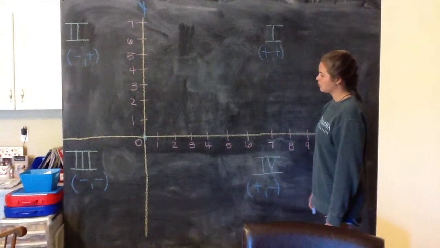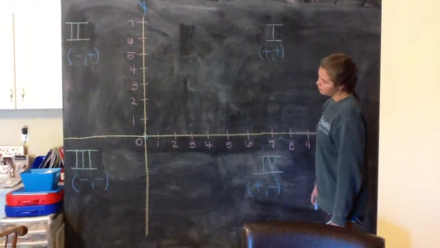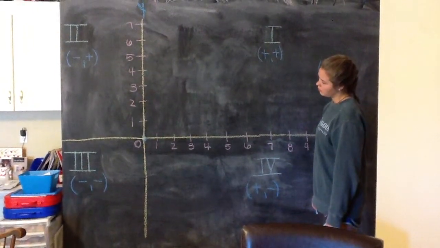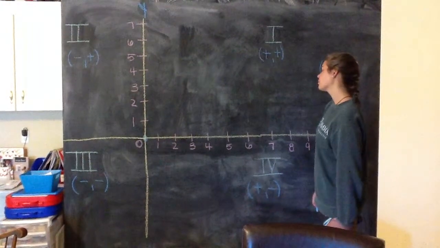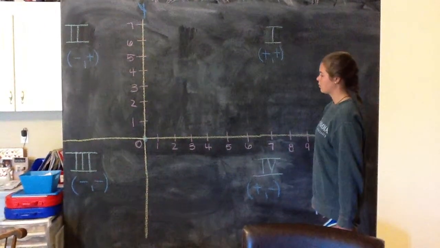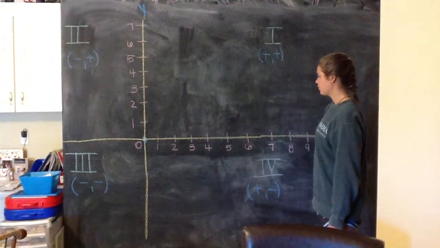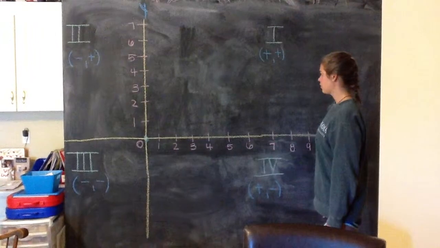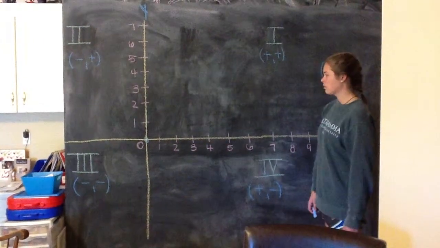But for today's grid, we're going to go in increments of 1. So you can see that our numbers go 1, 2, 3. They increase by 1 on the x-axis and y-axis. So a coordinate is the x number and the y number and where they meet on the grid.